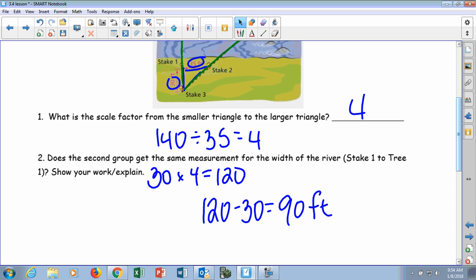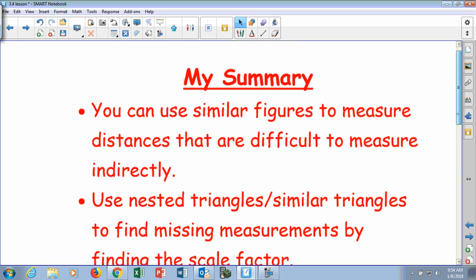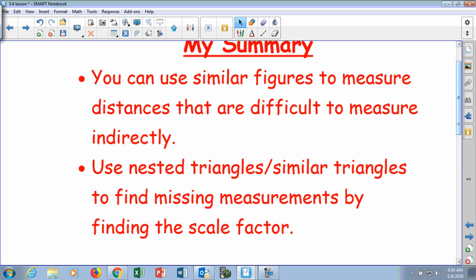So under your summary, you're talking 120 feet. That's a long tape measure, right? So again, we can use that to measure distances that are difficult to measure. And then, of course, nested triangles. That's when they share that angle, right?